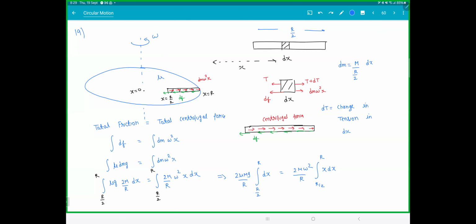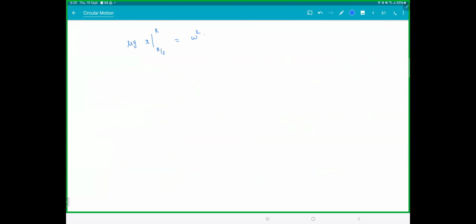This side you will have omega square, x square by 2, limits will go from r by 2 to r. So mu g into r minus r by 2 is omega square by 2 into r square minus r square by 4. This would be mu g r by 2 is omega square by 2 into 3r square by 4.